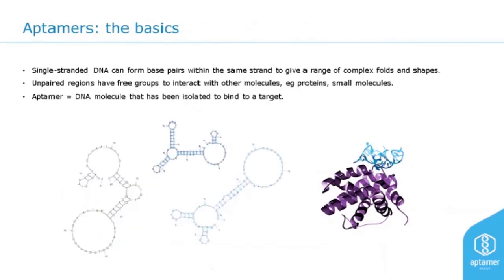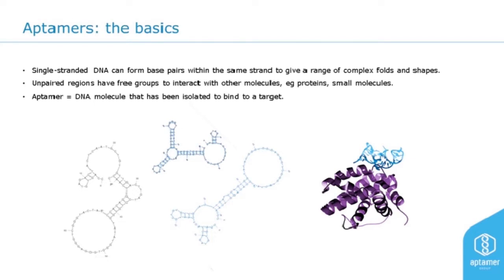Just to fill you in on some of the basics of what an aptamer actually is. An aptamer is a single-stranded DNA or RNA molecule that's been isolated to bind to a target of interest. In the body, DNA usually exists as a double-stranded molecule, essentially zippered together through base pairing.